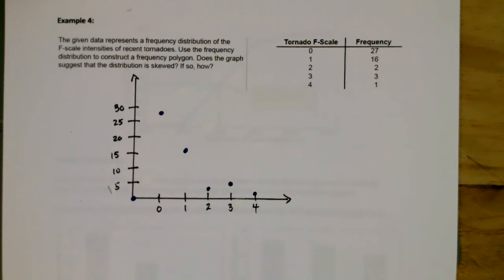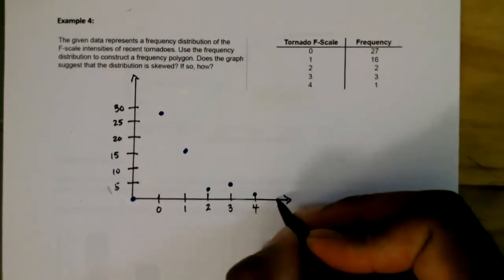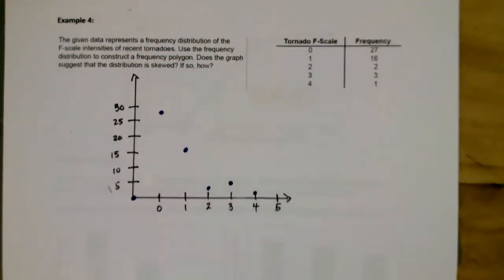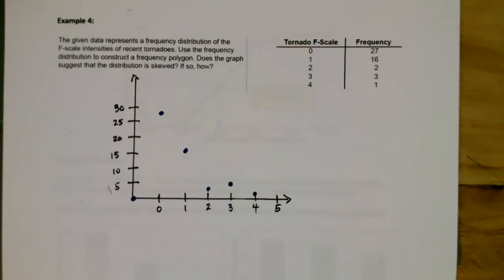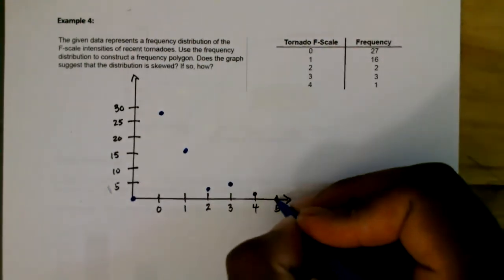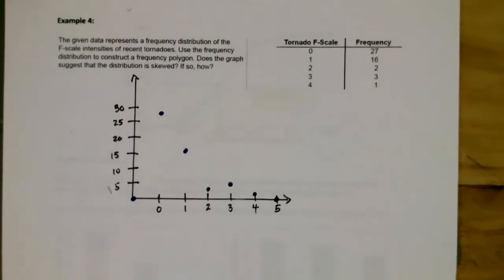And then I'm going to draw another mark for the 5. We know that there's no F scale of 5 listed there, so I'm going to put a dot there on the horizontal axis so that way I can close off my frequency polygon.